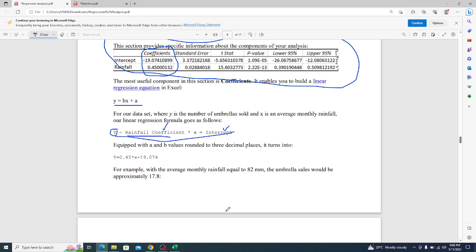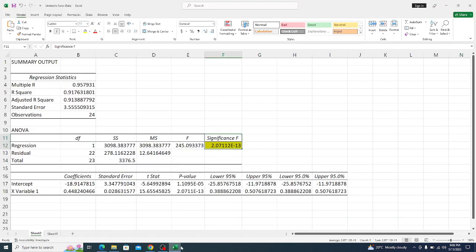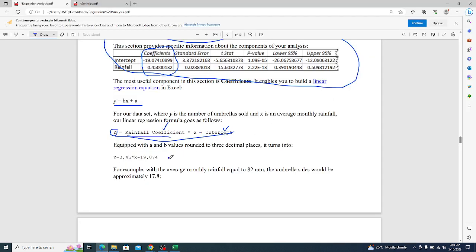You can see from the data we have the two values, the x variable and the intercept. With that, we can now come up with the model. That is, y is equal to 0.4482x minus 18.91. So that's how we come up with the model.